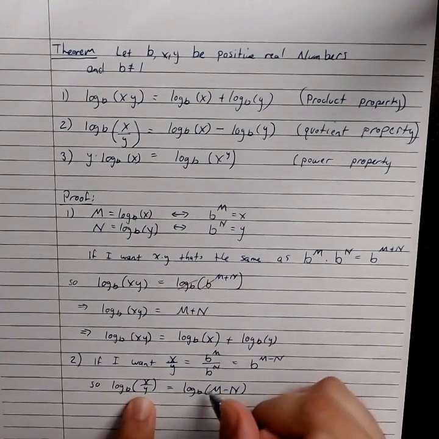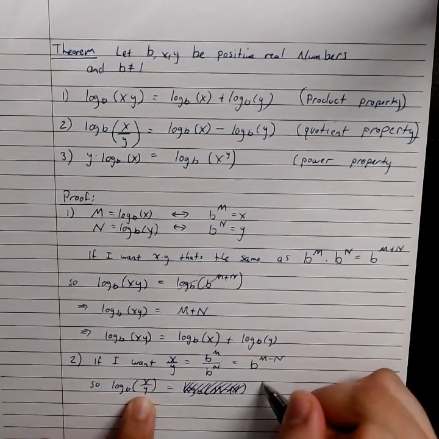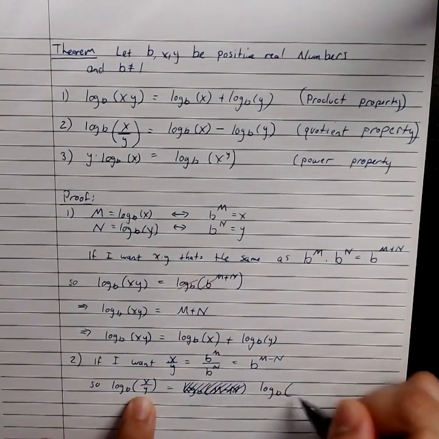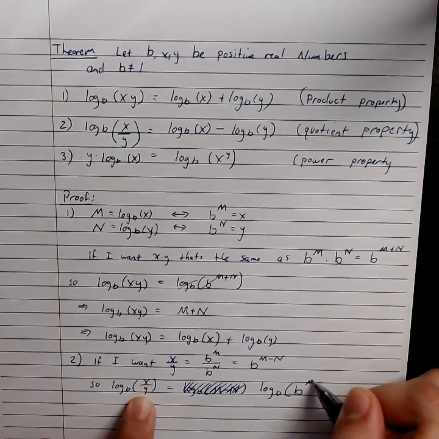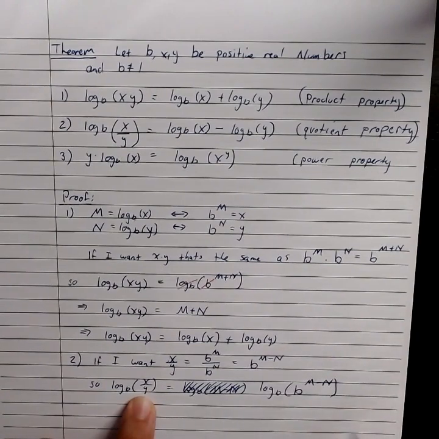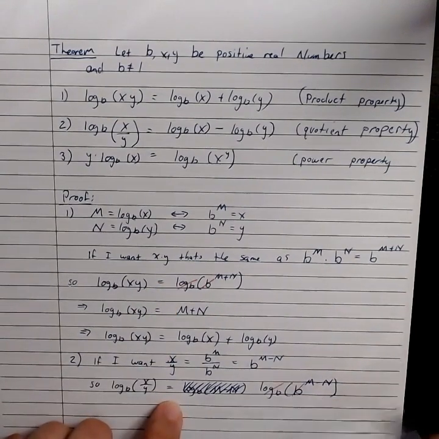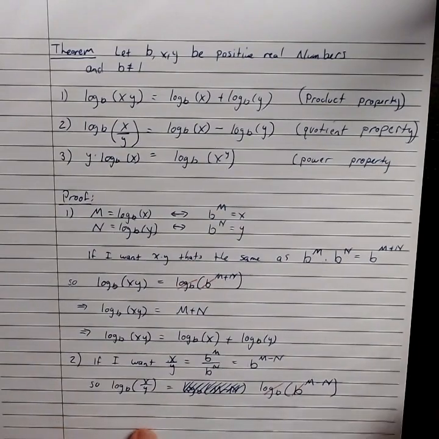Oops, that should be my mistake. That should be log base b of b to the m minus n. I left off my b over here. But now, log base b of b to a power, these drop away, just like they did in the previous part of the proof, and I'm left with m minus n.